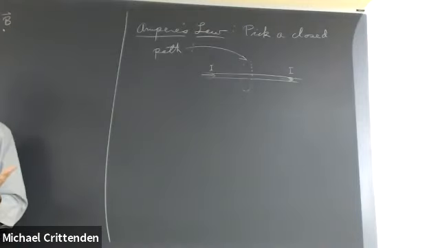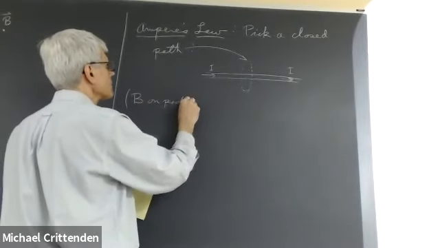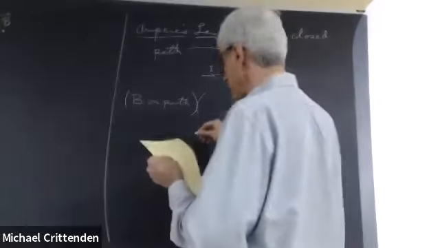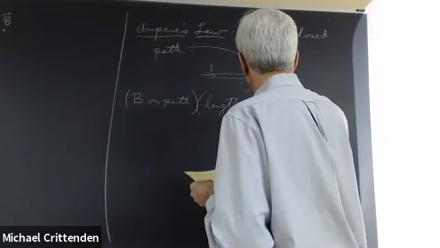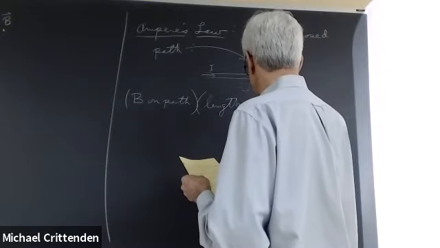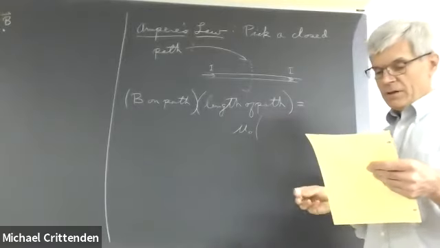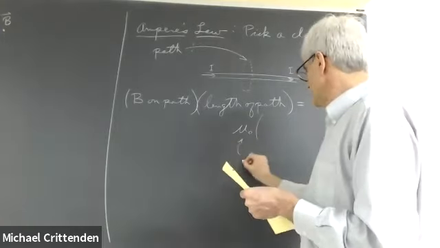Before I get too sophisticated with the notation, the basic idea is that the strength of the field along that path times the length of the path, which in this case would be the circumference of the circle, is equal to a fundamental constant called the permeability of a vacuum in SI units.